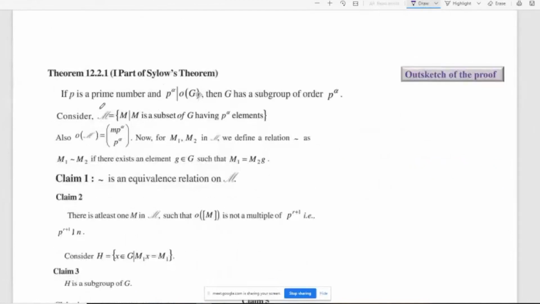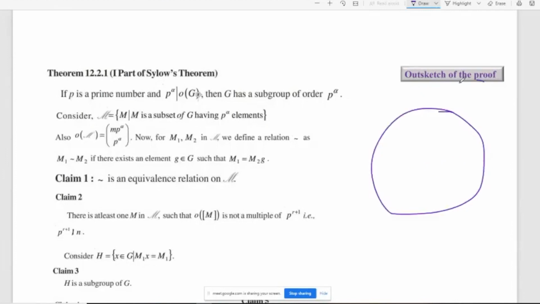You consider script M, in a group G. What is first happening? My p^α divides the order of G, right? So if p^α divides the order of G, I can write the order of G as some m times p^α.